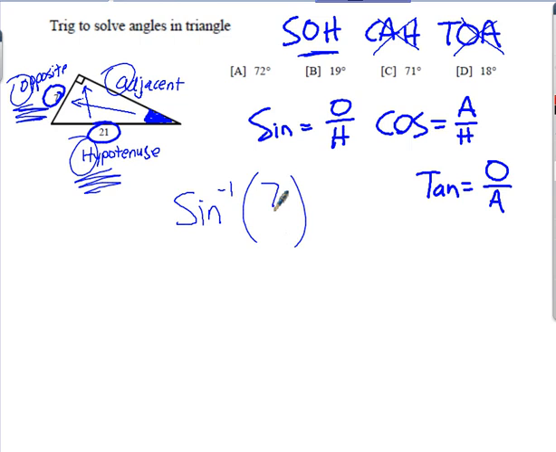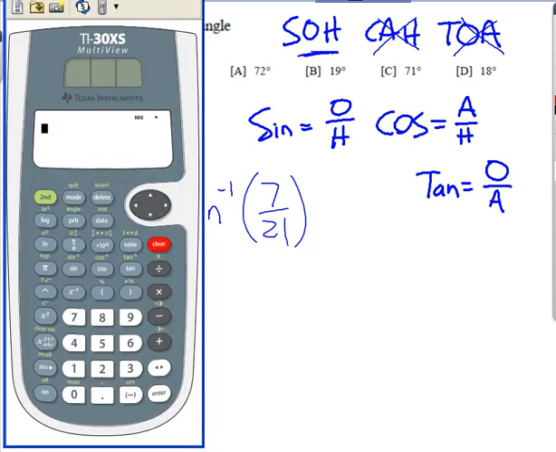Let's take a look at the calculator and see how this works. I said we're going to do the inverse function of sine, so this is working backwards from the sides to find the angle. When you're given an angle, you're going to use the straight up sine function to find a side length. Alright, so inverse sine, 7 fraction 21, just like they gave it to us.